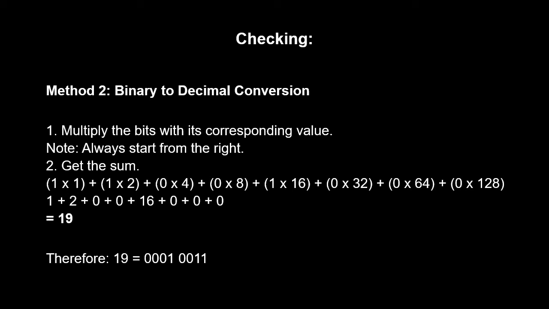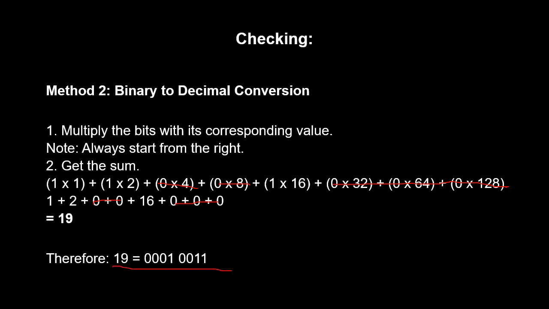For you to do this easier, just disregard these numbers with 0 or turned off values. So then we have 1 plus 2 plus 16, still equal to 19.